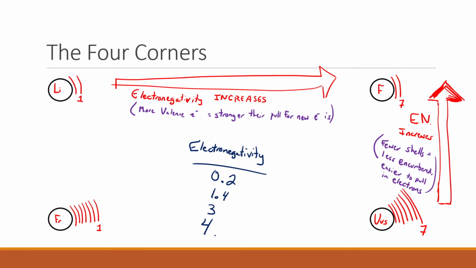Can you correctly assign them to our 4 elements here? Think about what we just talked about and see if you can assign these 4 electronegativity values correctly to the elements.